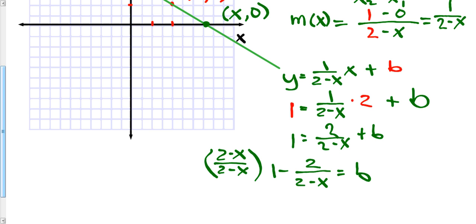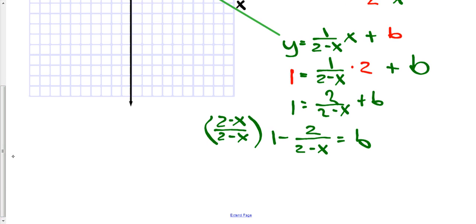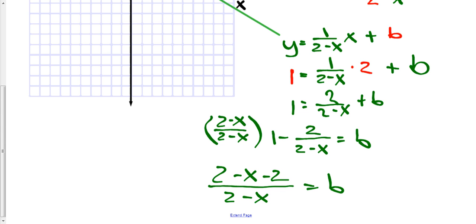Did I change the value of my expression? No. Okay. So then I get 2 minus x minus 2 over 2 minus x equals b. You see how I got that?